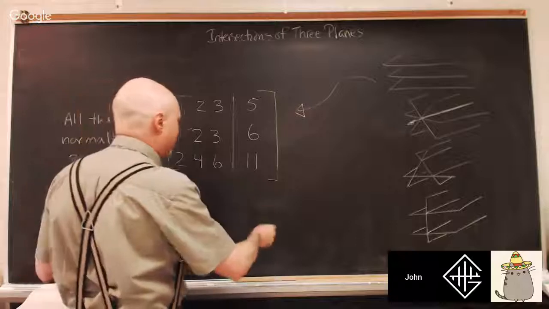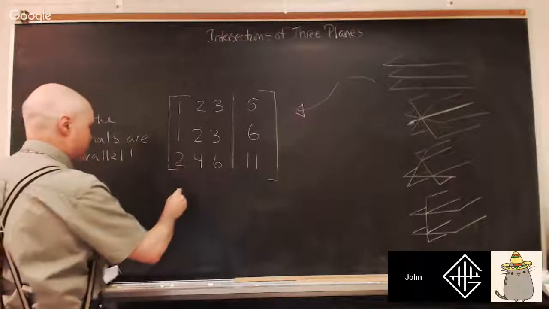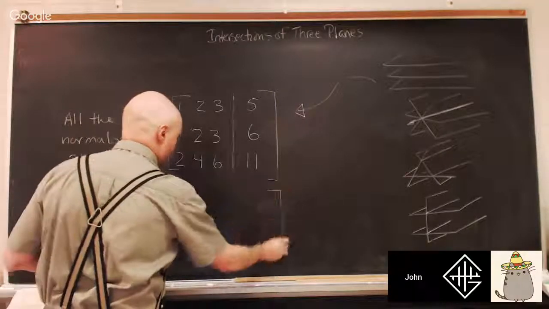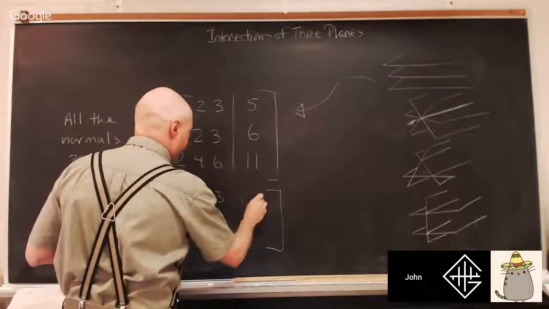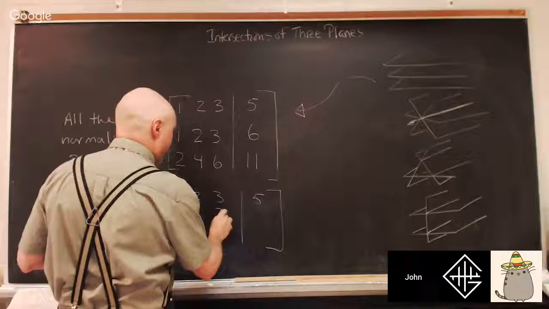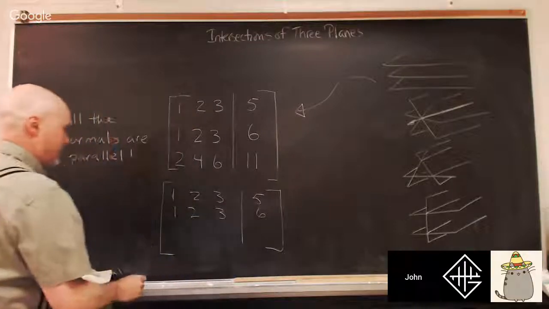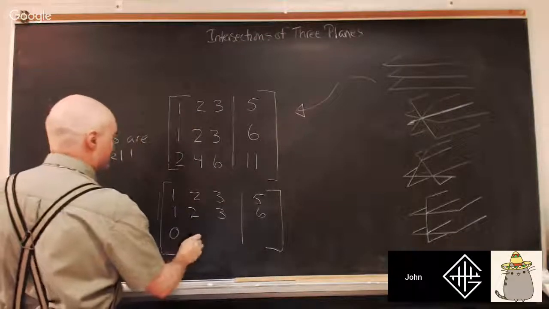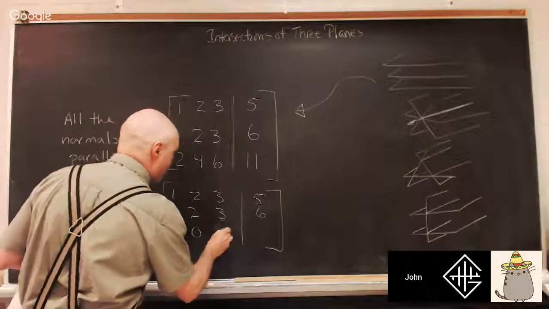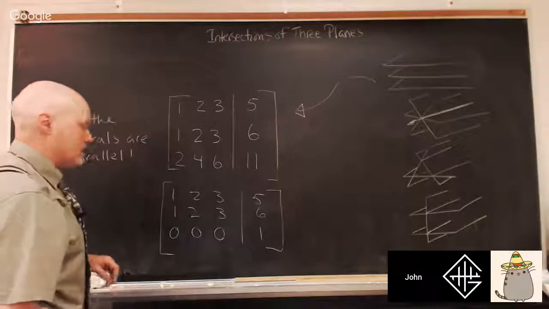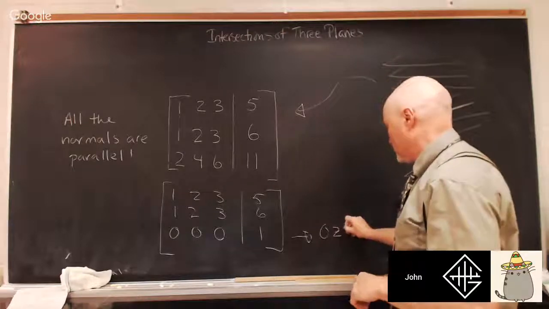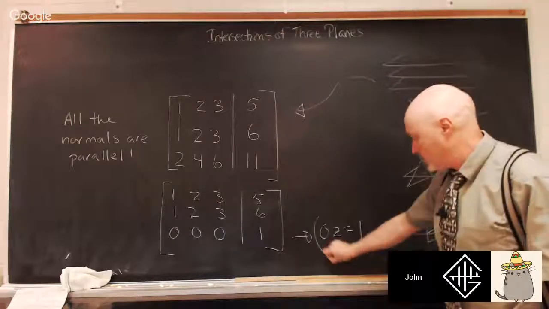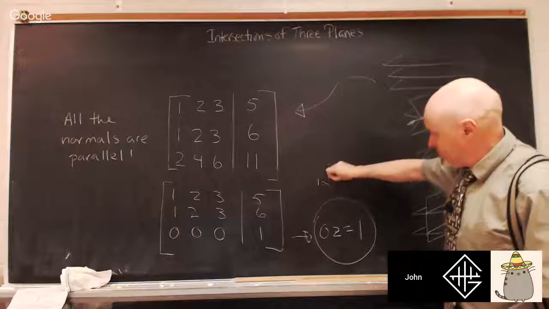And what will happen when I go to reduce this matrix is I'm going to end up with something that looks like this at some point. So I happily reduce my matrix, and all at once I wind up with 0, 0, 0 equals 1. In other words, what this is telling me is 0z equals 1. And that is inconsistent.